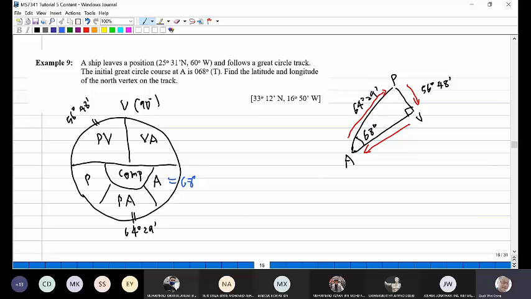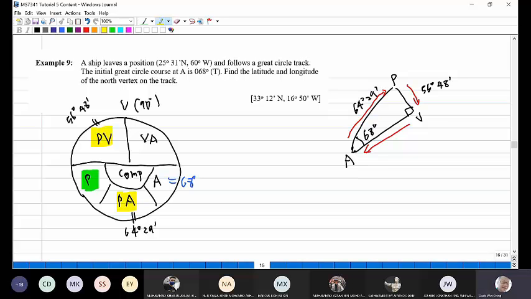Okay, so I know I want P. This is my target now. Okay, now I have two pieces of information about the adjacent. So I can use this now on my adjacent.